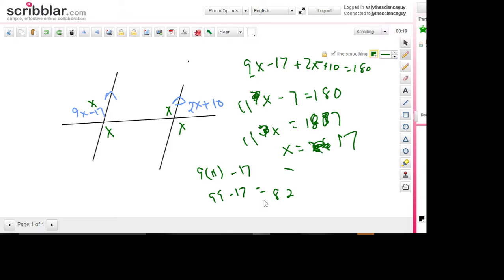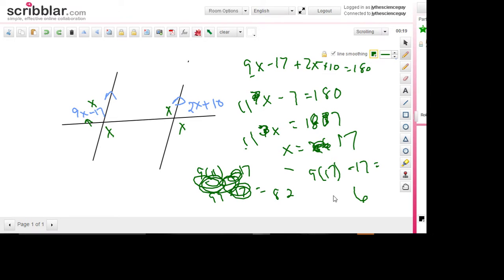I put 17 here because 17 is x, but... Okay. Oh, 17 is x. What am I doing today? Lord have mercy. Okay. So this is 9 times 17. Where did I get 11 from? I looked at that number. Minus 17 is equal to 17 times 8, 6. 146?